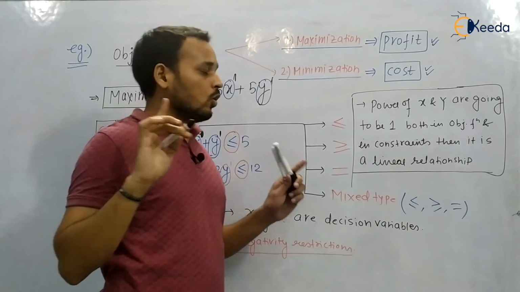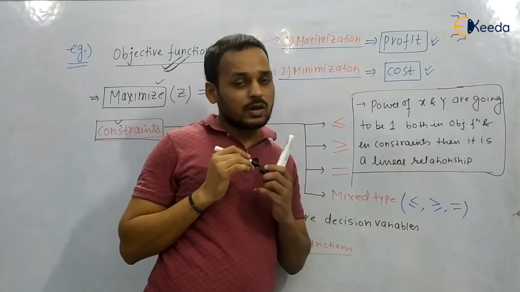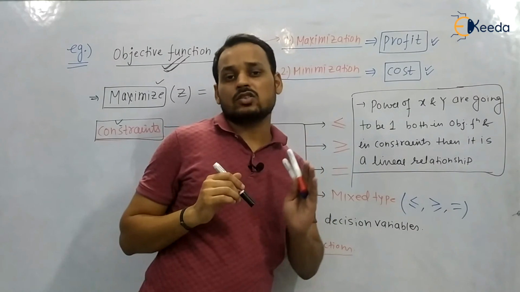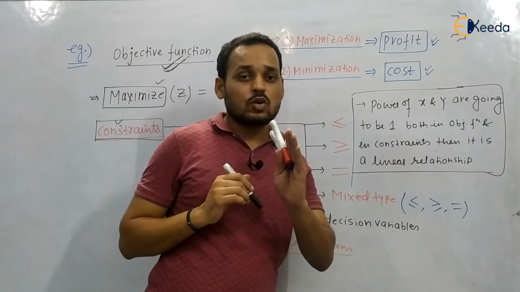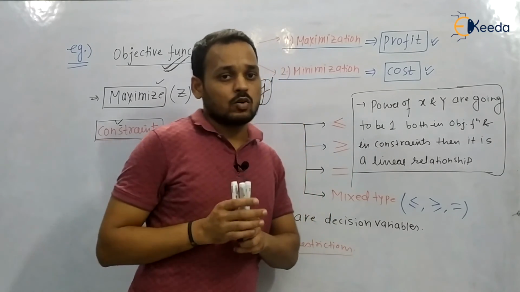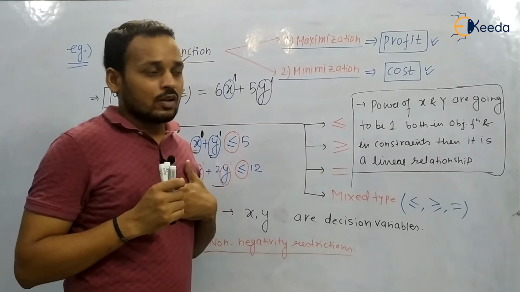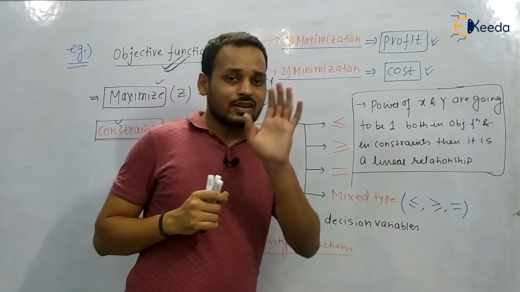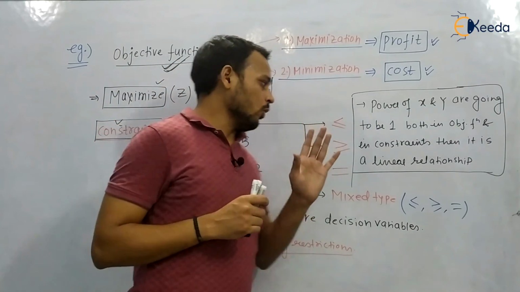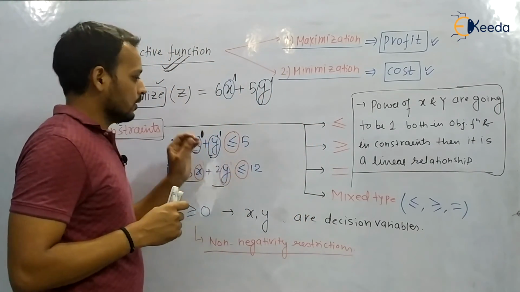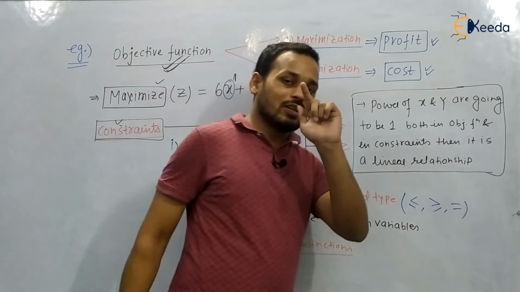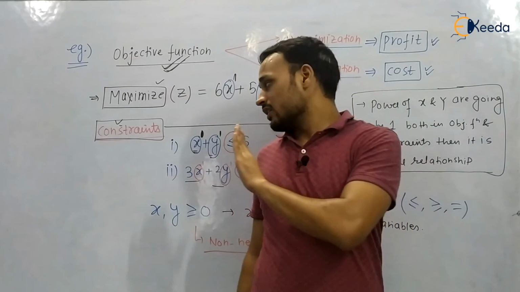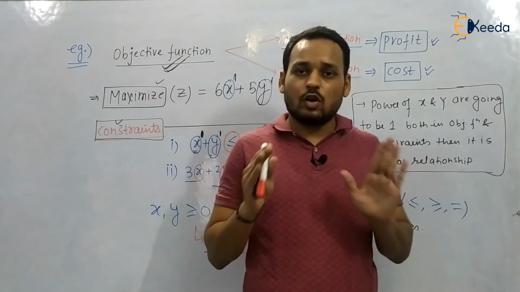Then it is known as a linear relationship. Otherwise the relationship will be non-linear in nature. So we have to solve our objective function and constraints in a linear relationship only. This is the basic formulation.